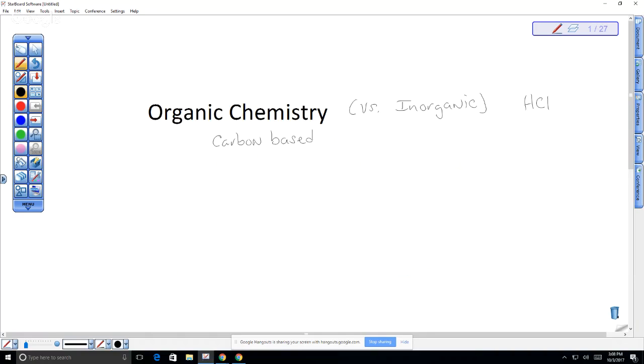It is not carbon, it's not built on carbon, right? Propane, however, is an organic molecule because it's based upon a chain of carbon atoms that are covalently bonded to hydrogen. So we sometimes say that we have a skeleton of carbon atoms.